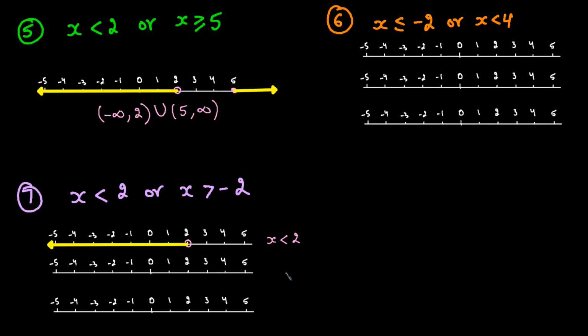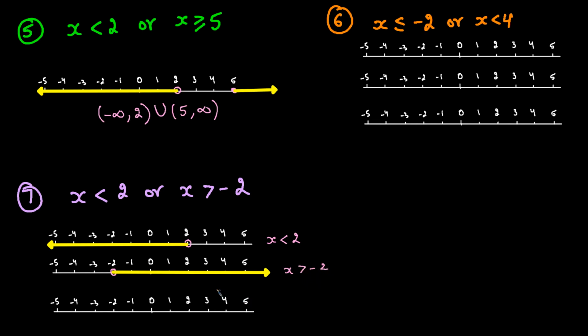Alright, and then it says x is greater than negative 2. So negative 2 is here, and greater than negative 2 means we're gonna go to the right forever after negative 2 up to infinity. Okay, so that basically represents x is greater than negative 2.